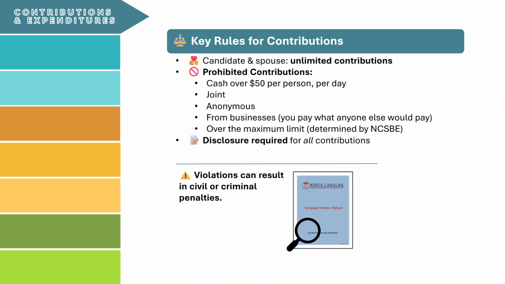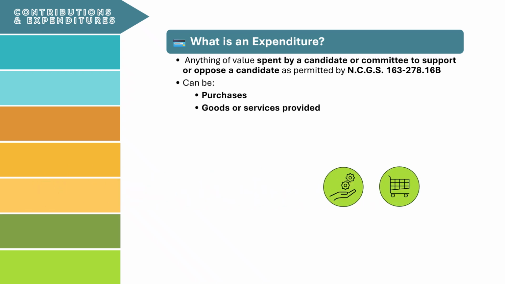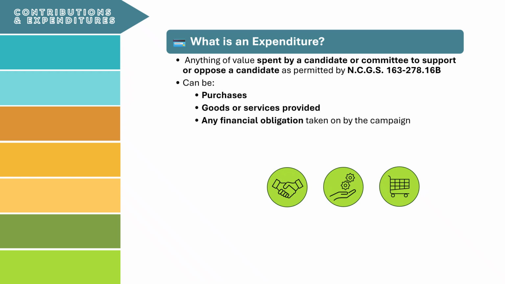Now let's move on to expenditures. An expenditure is any amount of money or anything of value spent by a candidate or committee to support or oppose a candidate as permitted by North Carolina General Statute 163-278.16B. This includes purchases, goods or services provided, and any financial obligation taken on by the campaign.